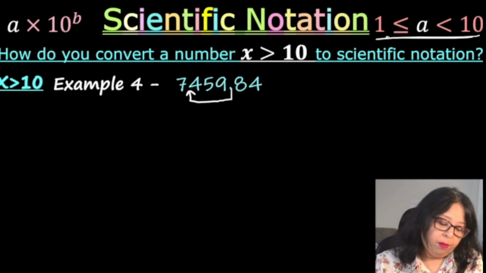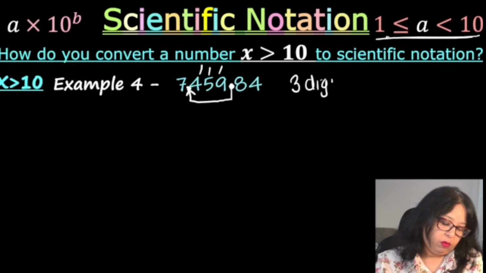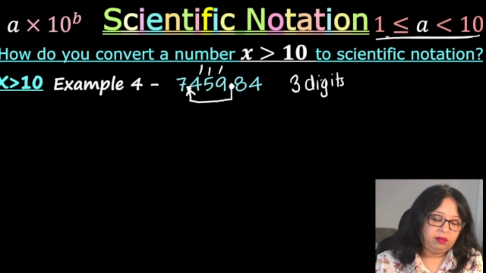So by how many places are you moving the decimal over to the left? To determine that, count the number of digits between the location where the decimal is to where you're going to move it over to. So there are 1, 2, 3 digits. You're going to move the decimal over by 3 places.